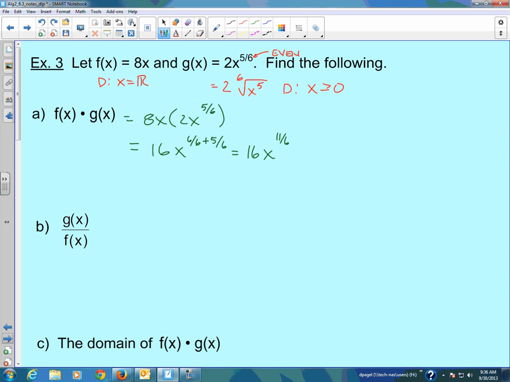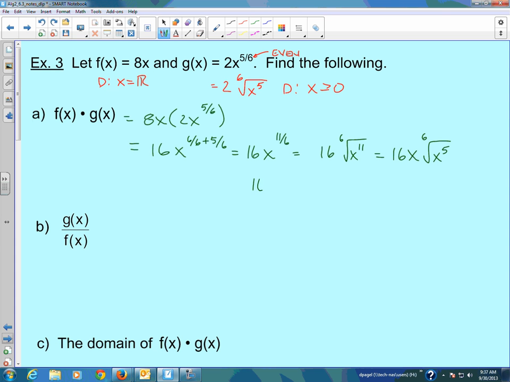And then we could do either, let's change it to radical form and get 16 times the 6th root of x to the 11th. Then say we have a group of 6 that goes into an 11 one time, so that means 16 and an x pops out, and then I have x to the 5th left over.